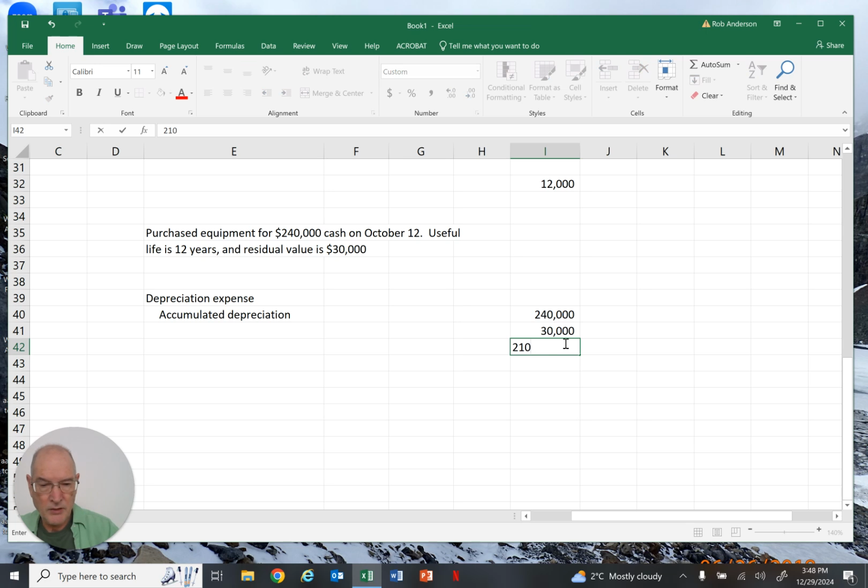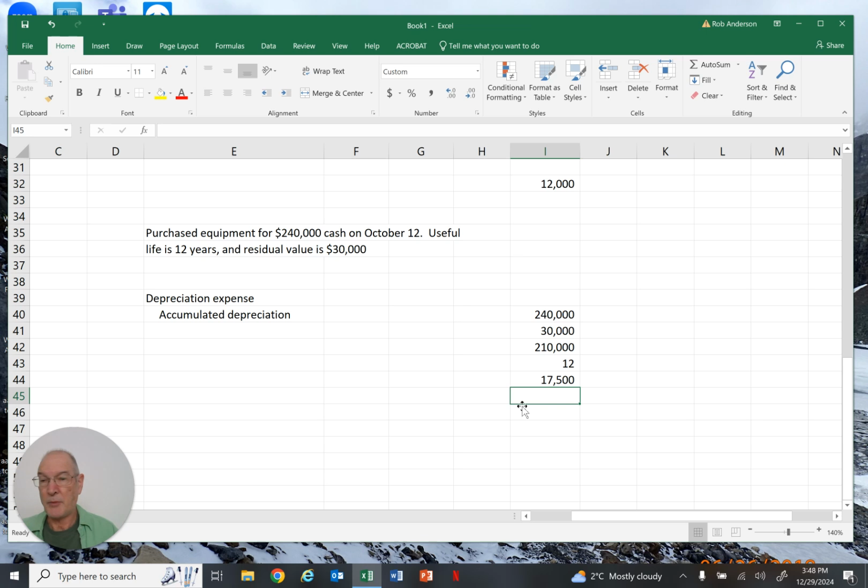I know that's 210. So we have 210,000 as the amount to depreciate. Now this is good for 12 years. So we're going to take that and we're going to divide by 12. So that's $17,500 per year. I imagine that everyone probably got that far.